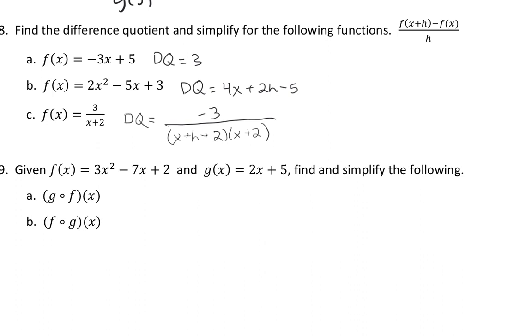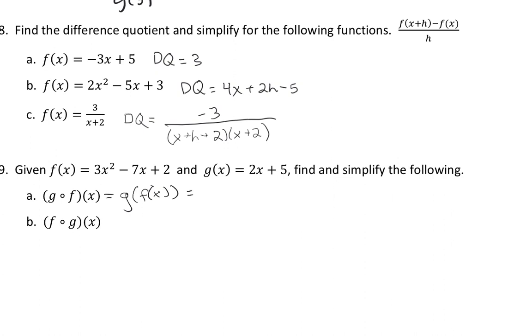Okay, for problem 39, we're gonna find some composite functions. Like I was doing earlier, when we're presented with some notation that we don't really know, I like to rewrite it in a much more familiar way. So this g composite f of x, I'm just gonna rewrite this as g of f of x.